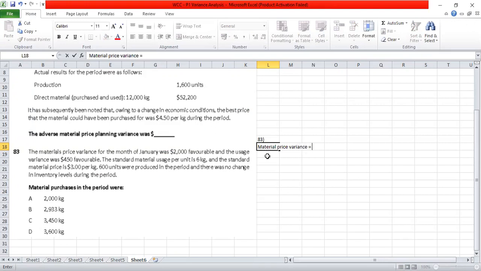is equal to the difference in the prices applied at the actual quantity, that is the standard price minus the actual price per unit, and that happens to be 2000 favorable.